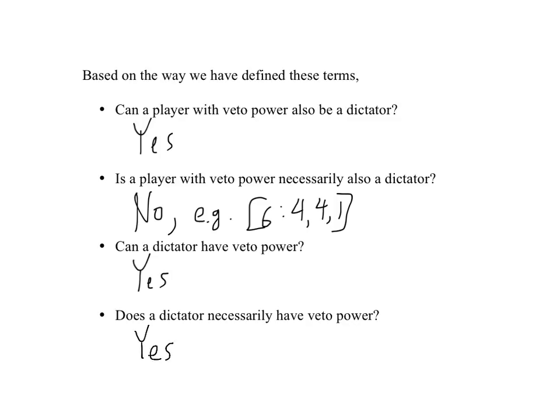If you're a dictator, that means that you can reach the quota by yourself. That means that your weight is more than half of the total weight, which means that everybody else has less than half the total weight combined. That means that they cannot, on their own, pass anything without you voting yes. So a dictator also has veto power.